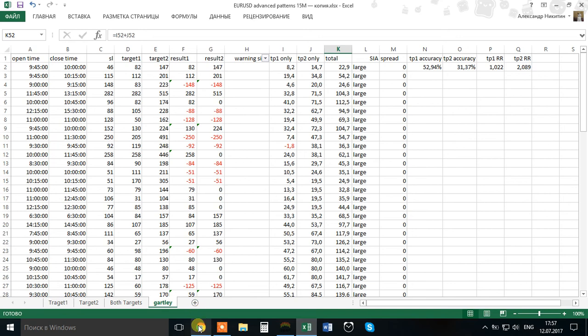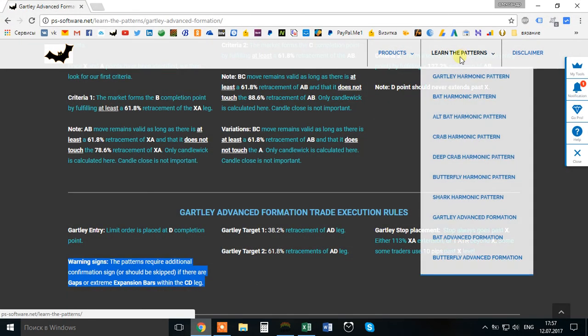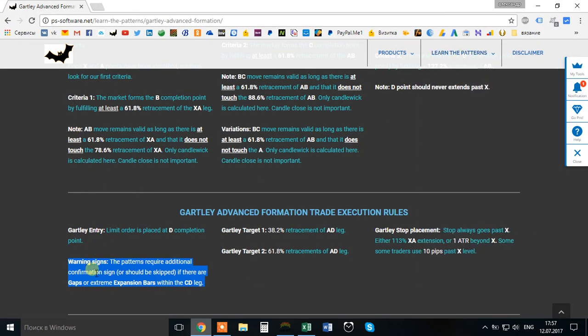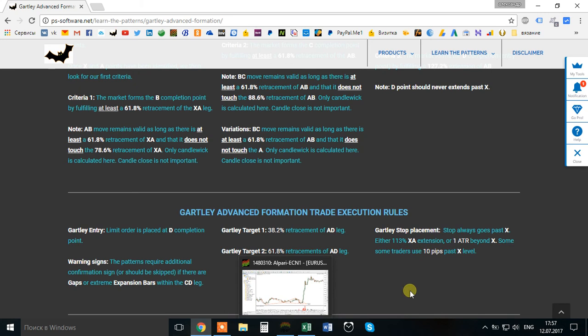Okay, so these are examples of how you can be disciplined, how you should obey the rules. If it is said that you should avoid expansion bars, then you should avoid them. But you can improve your trading in some other ways, of course. You can do backtesting for every pair, and say, okay, if large Gartleys aren't very good on EUR/USD 15 minute, I wouldn't trade them at all.